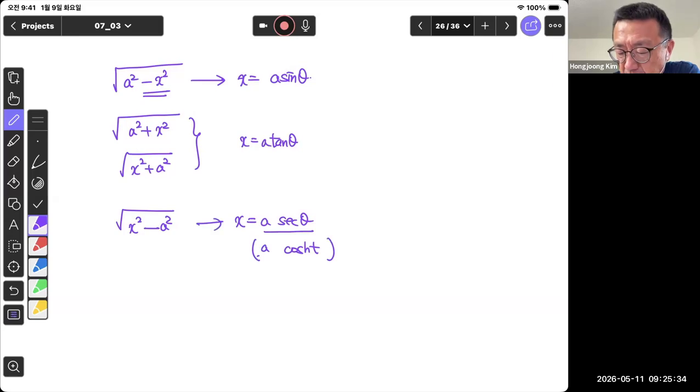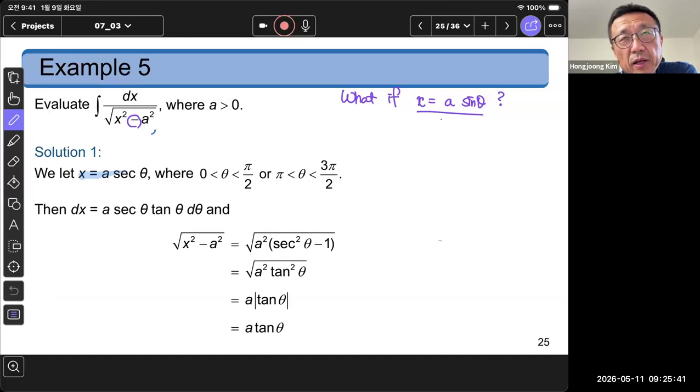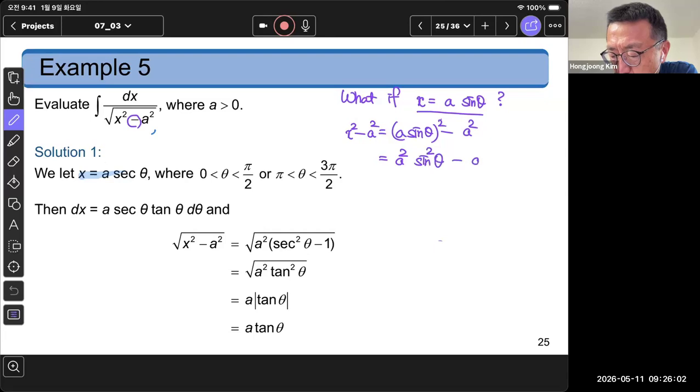Anyway, if I make a mistake and introduce a sine theta for x, then x squared minus a squared will be a sine theta squared minus a squared. So you get a squared sine theta squared minus a squared. So a squared is common. So we get sine theta squared minus 1.